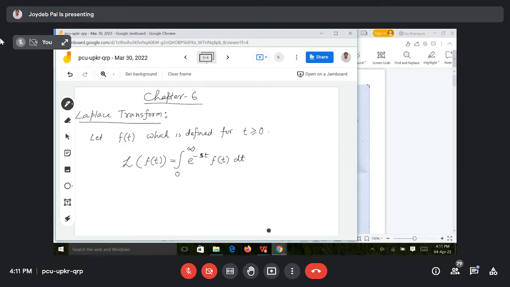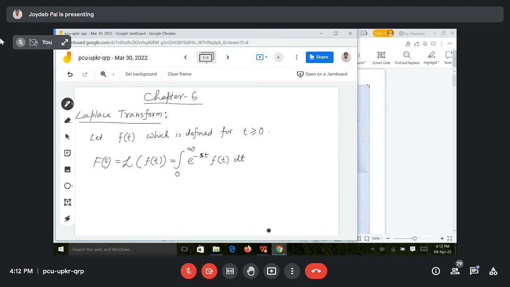So if you evaluate it, it will be a function of s, is it not? Yes. So that is why that Laplace transform can also be denoted as capital F of s, meaning it is a function of s.